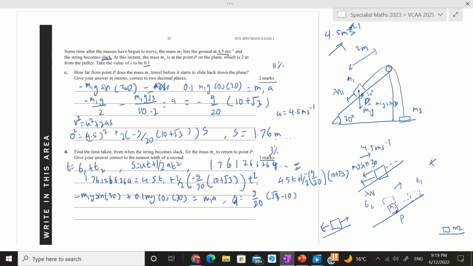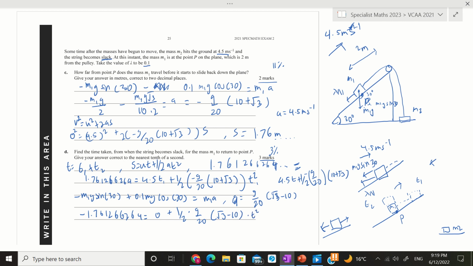I'm going to write my equation for t2 as minus 1.7612662664 is equal to 0 plus half times a, 20 root 3 minus 10, times t squared.